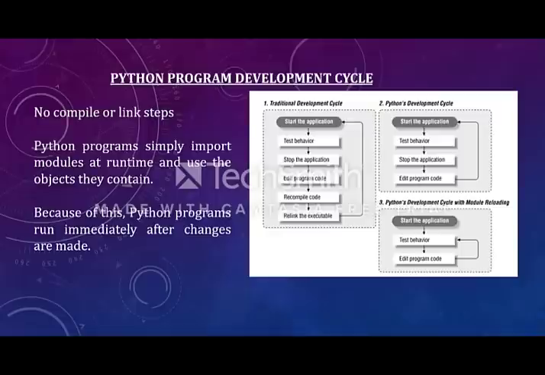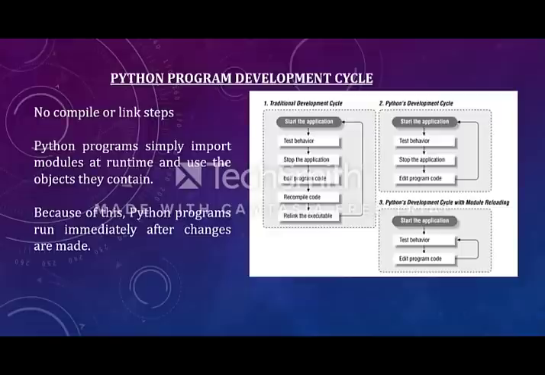You can see it in this diagram. First of all, we start the application, then we test for the behavior of the application, then stop the application, edit the program, recompile the code, relink the executable. That means the software has already been developed and we have given that to the customer.